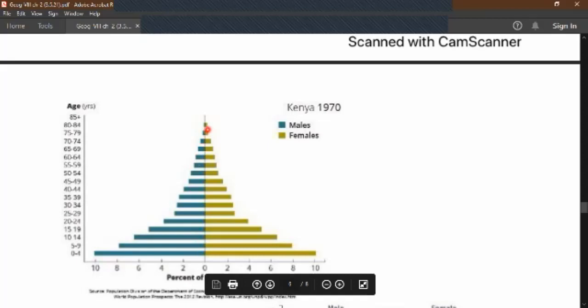Although many children are born, a large percentage of them die in their infancy, between 0 to 4 years only. So this is the situation in Kenya. This is a pyramid of Kenya showing a broad base, high birth rate, narrowing down, high death rate.